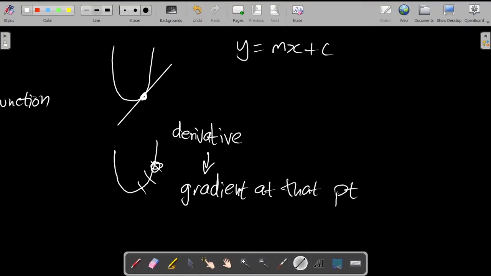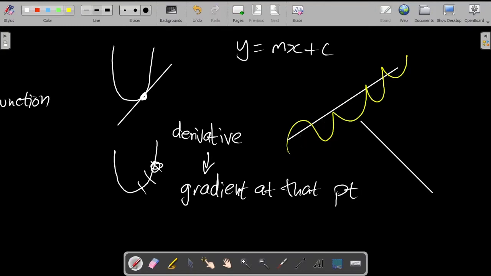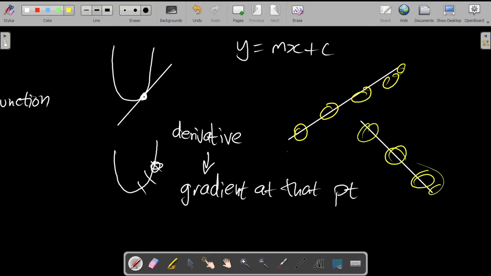Now, what do we know about straight lines? If you have a straight line like this, that, or whatever the case may be, the gradient is basically the same throughout the whole line. So the whole line basically has the same gradient, whether you're here, you're there, or anywhere else. It's either decreasing or increasing, or it basically takes on a particular value.